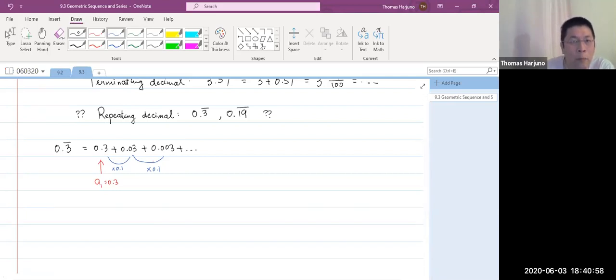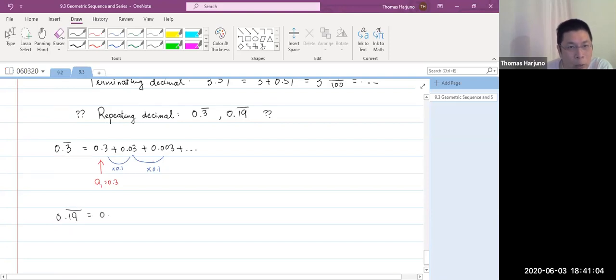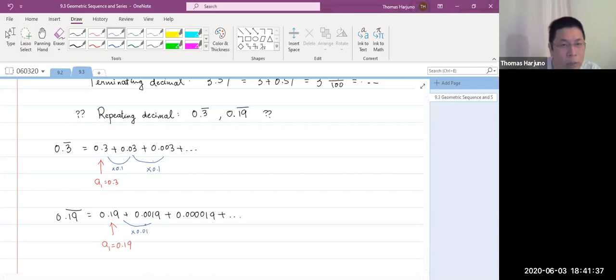Now, if I compare with the other one, 0.19 bar, this is 0.19 plus 0.0019 plus 0.000019 and on, where the first term is 0.19 and the common ratio is 0.01. 0.01 is because I'm repeating two numbers.